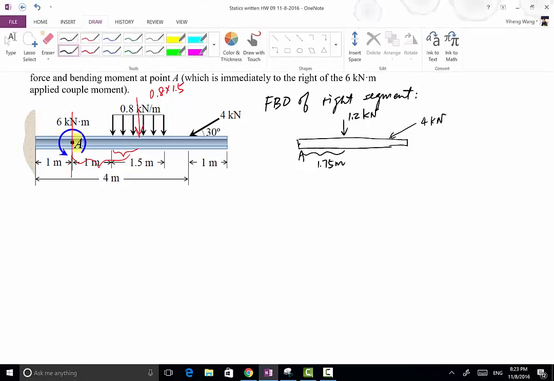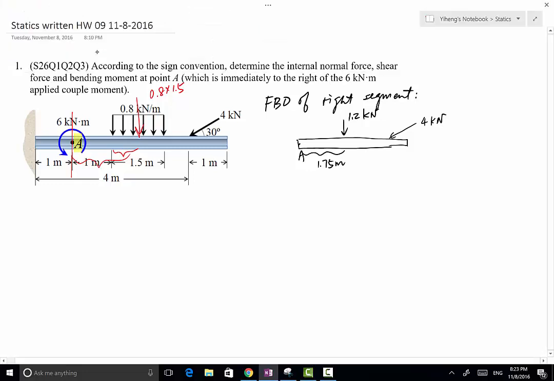So far, I have included all the external loadings on the right segment. At point A, we have our unknown internal reactions. So I always draw them according to the positive sign convention. Therefore, the normal force is in this direction because that's tension. The shear force is in this direction because this shear force is creating the clockwise rotational tendency for the right segment.